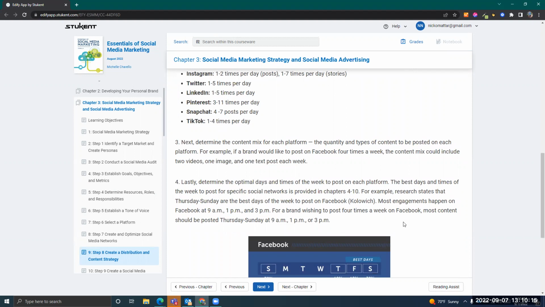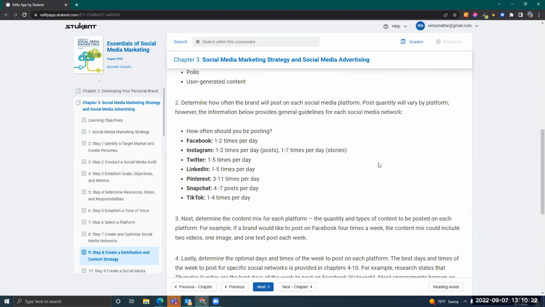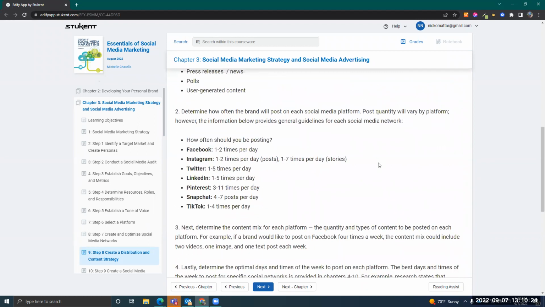There's a different fundamental audience that follows each brand on social media. When you look at how often you should be posting, those are pretty big ranges. 5 years ago, the Twitter recommendation for how many times you should tweet per day was 10 plus. The number of LinkedIn posts per day people said was never more than once.